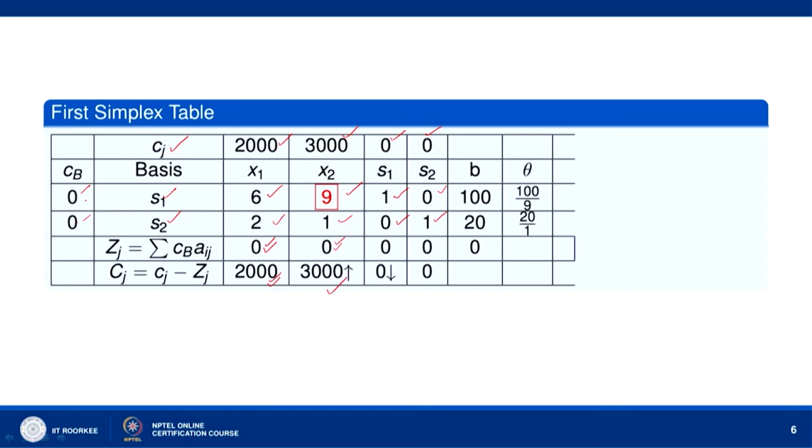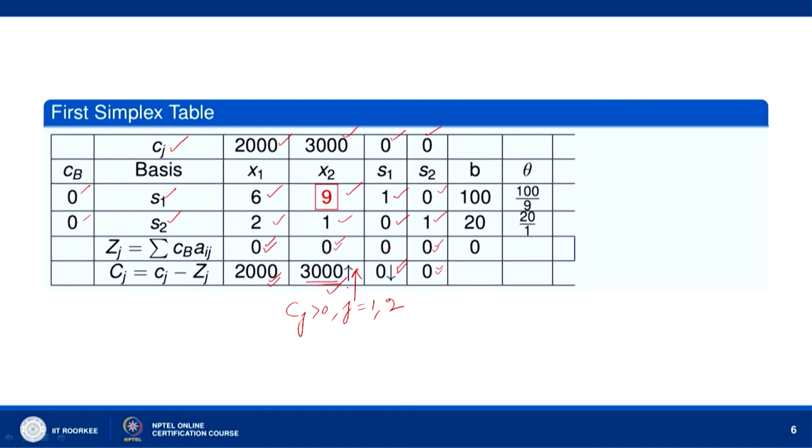Then 0 into 1 is 0, 0 into 0 is 0. So, we get 0 here, 0 minus 0 is 0, and then 0 into 1 is 0, 0 into 1 is 0, we get 0 here, 0 minus 0 is 0. Now, Cj is greater than 0 for j equal to 1 and 2, and the maximum value is 3000. So, this is our key column.